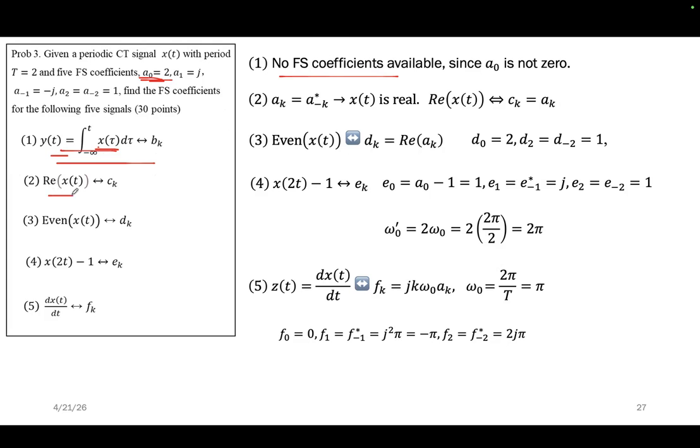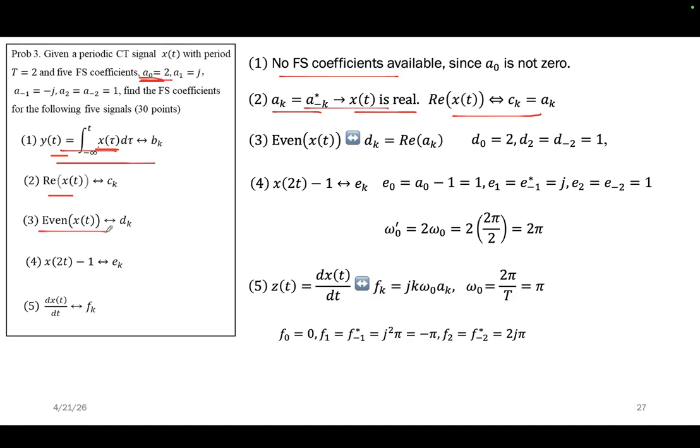Yeah, the real part for the x(t). You can see here. Based on this one, we know A_k equals A_negative k conjugate. And then x(t) is real. So C_k should equal A_k because this is a real signal.